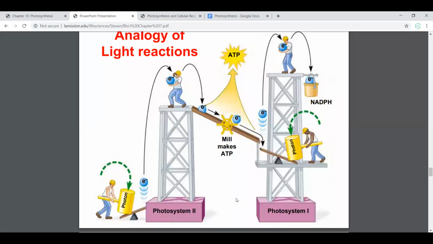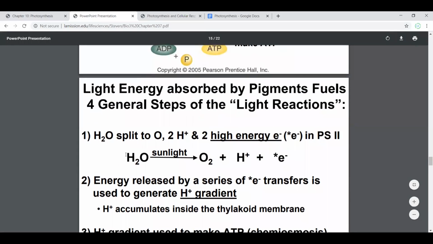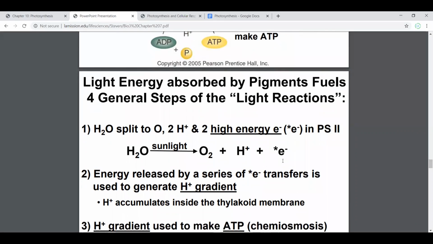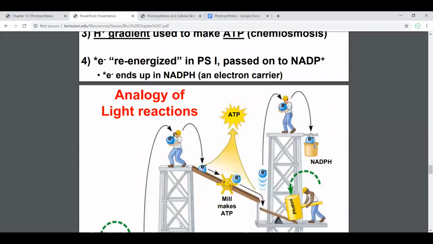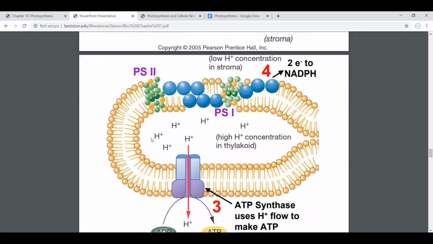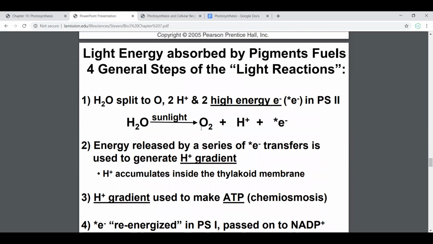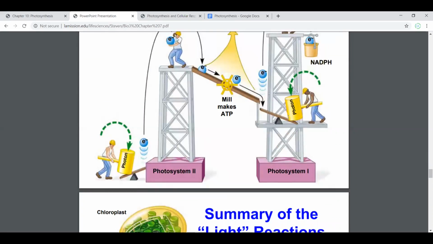So what it settles for is the splitting of water. It's going to take this water, and the sun is going to split it into oxygen gas, a hydrogen ion, and an electron. The electron is going to be reused in the light reactions. The hydrogen ion is going to be pumped in here, and the oxygen is going to be released from the plant. That is the light reactions.